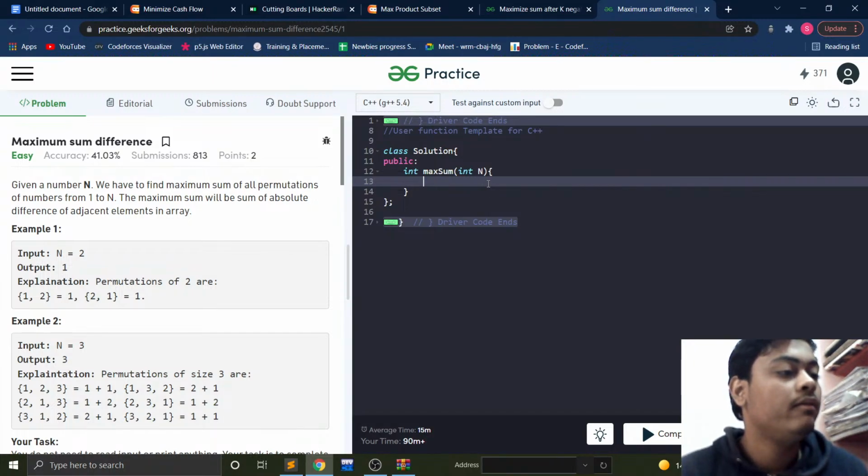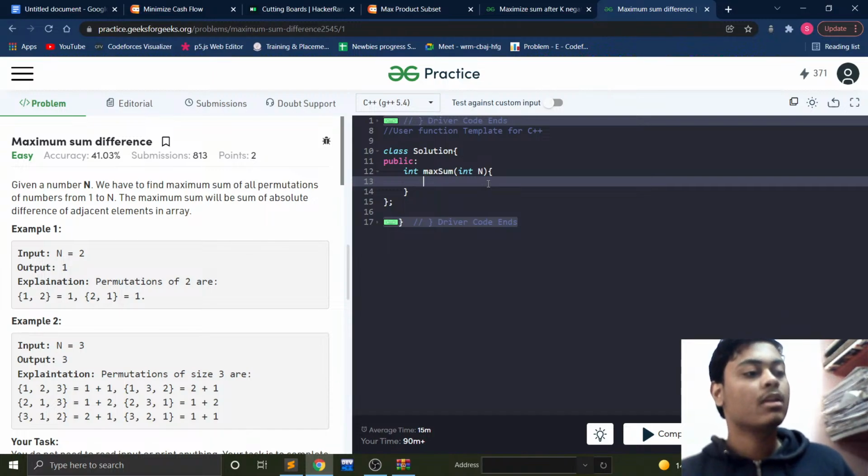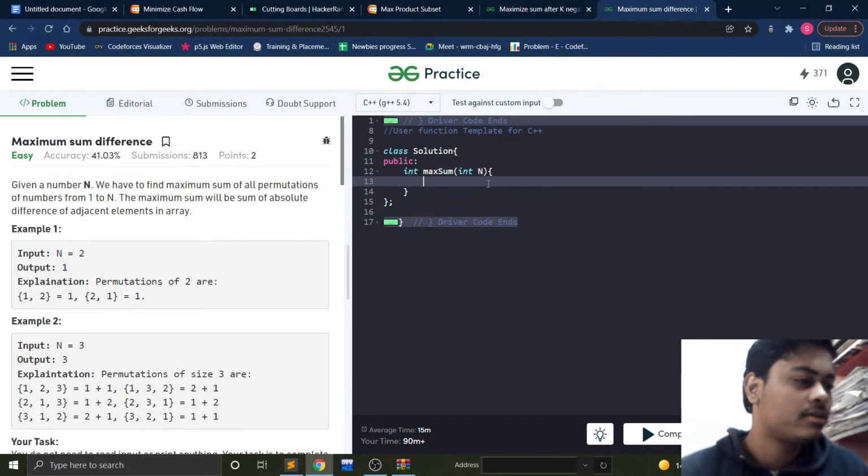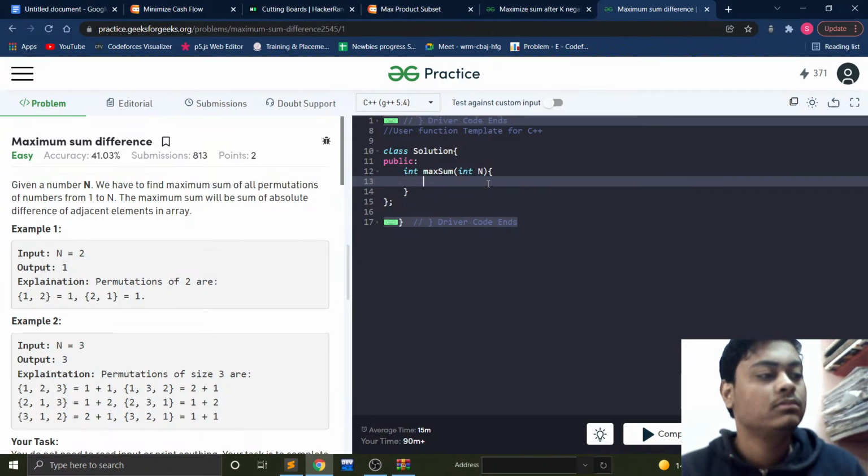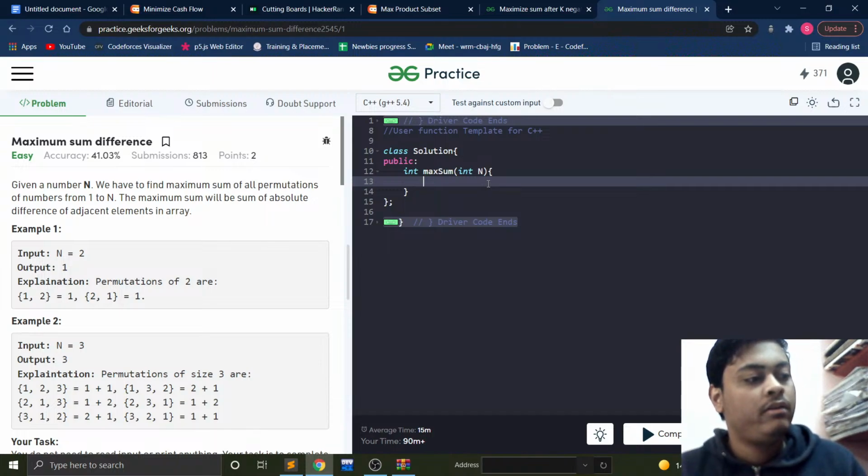Given a number n, we have to find the maximum sum of all permutations of numbers from 1 to n. The maximum sum will be the sum of absolute difference of adjacent elements in the array.